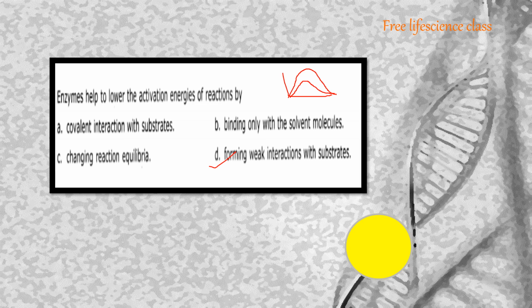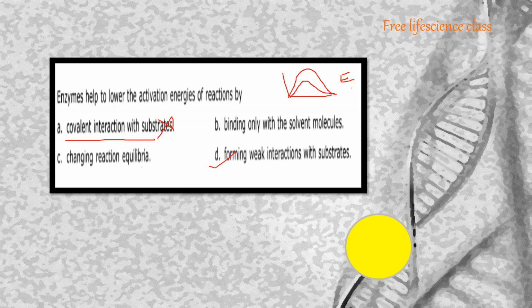So how do they act? There will be no covalent interaction with the substrate. After the reaction, the enzyme will be back to free enzyme from the enzyme substrate complex. If it were a covalent interaction, this dissociation would not take place. So we can eliminate this option.